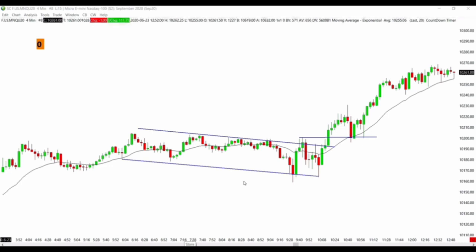Now, the reason why we want to get in after we see a nice exhaustion bar is because that's usually a sign that smart money is in the market. We can tell smart money is coming in, because what this is doing is basically shaking out a lot of buyers. If you see this big red candle going in the opposite direction, and you're looking to buy, you might say, oh my gosh, I'm not going to buy because too much selling is going on.